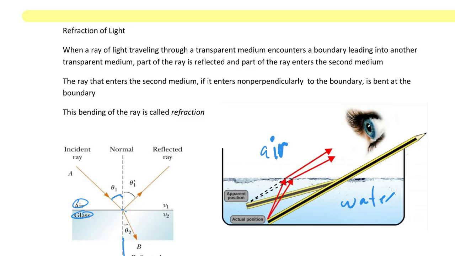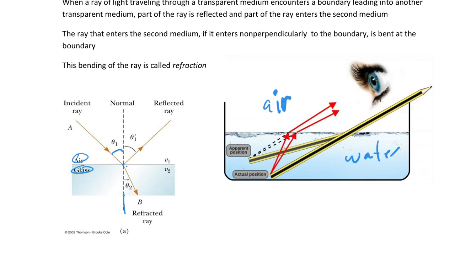When a ray enters another medium at an angle and it is bent as it enters that medium, it doesn't stay in a straight line. We call this angle 1 the angle of incidence, like before. For this angle 2, we call that the angle of refraction.